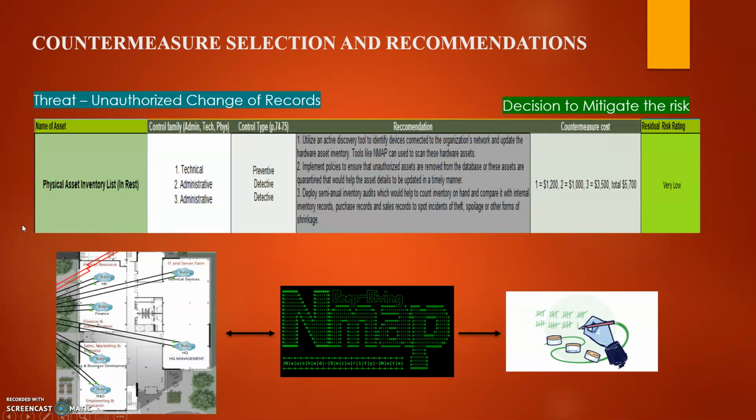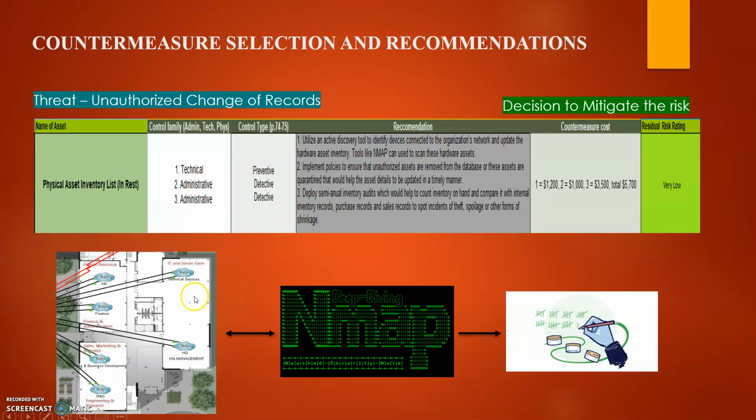Now we'll focus on the countermeasure selection and recommendations for all those threats being identified. At first, talking about the physical asset inventory list and the threat of unauthorized change of records, we have decided to mitigate this risk. The control family and control type are mentioned as well, the control family being technical, administrative, and administrative.